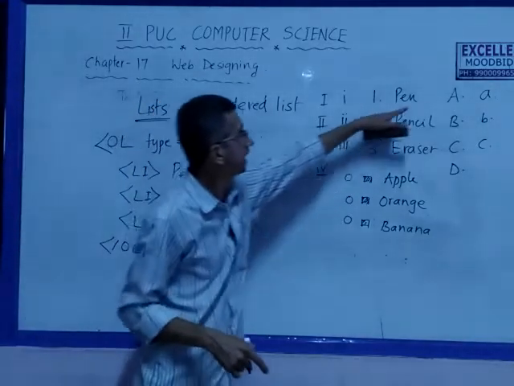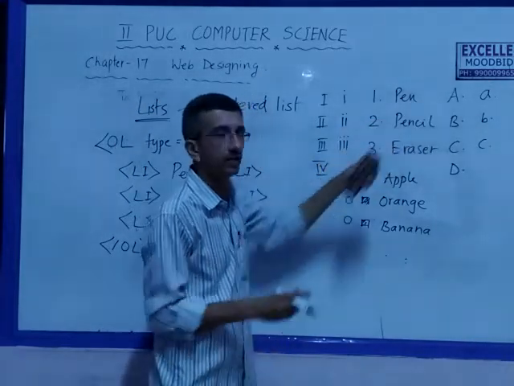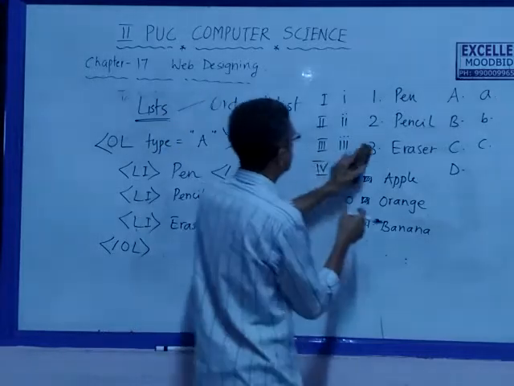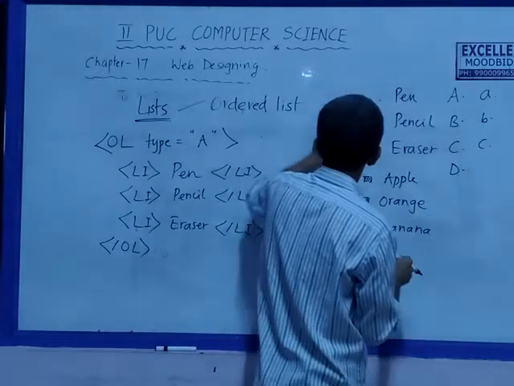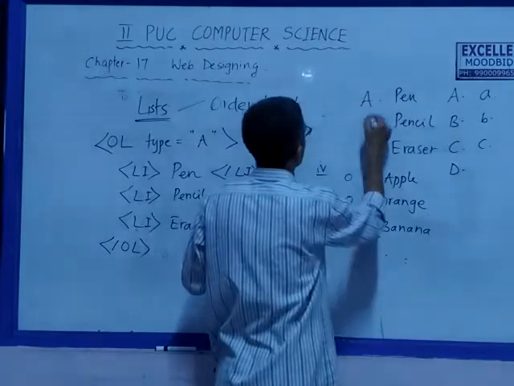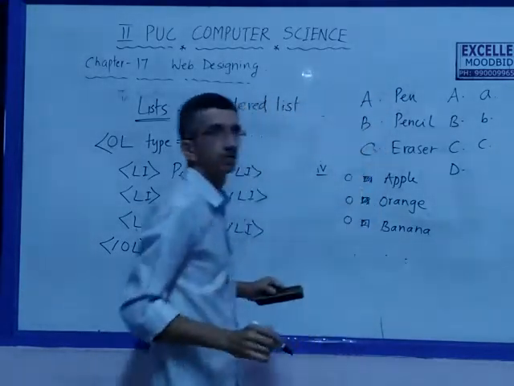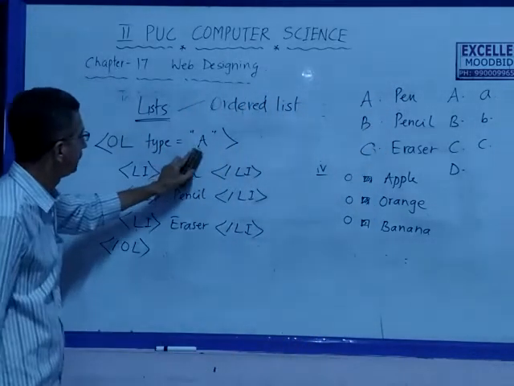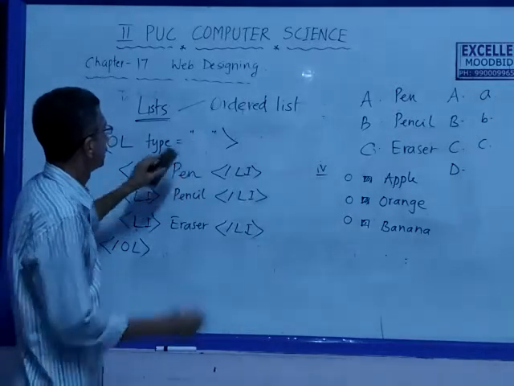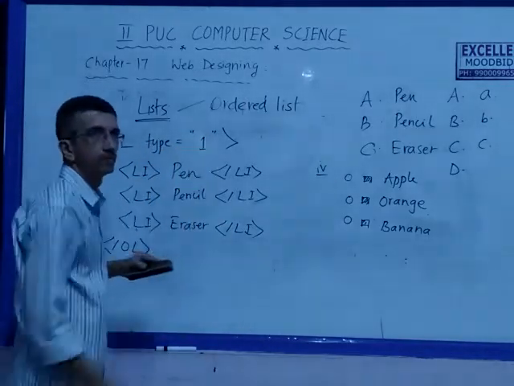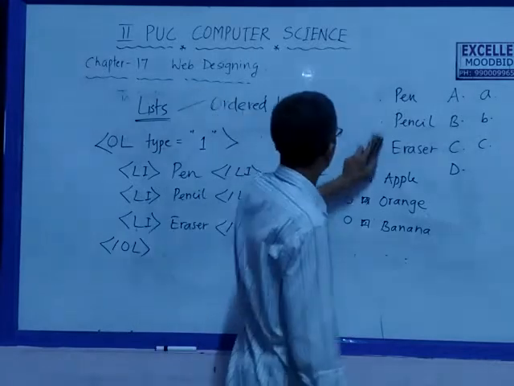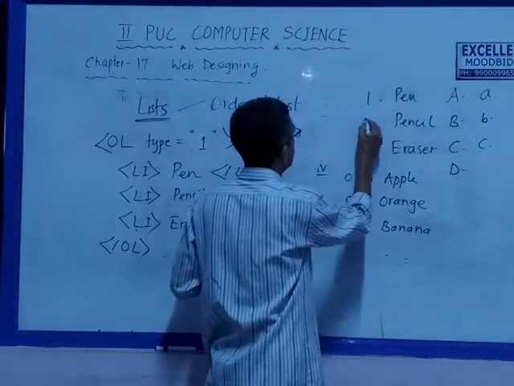So it will be like this: capital A, pen, right? It will be A, B, and C. So that is the order. If you write type is equal to, for example, 1, it will be numbered 1, 2, 3.